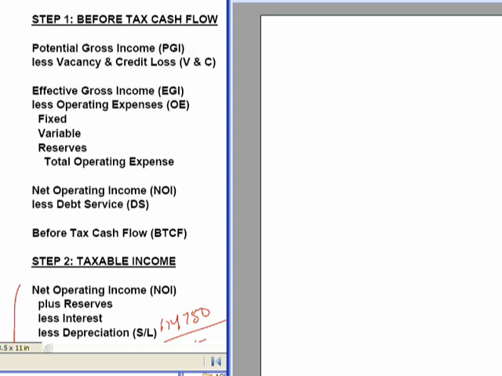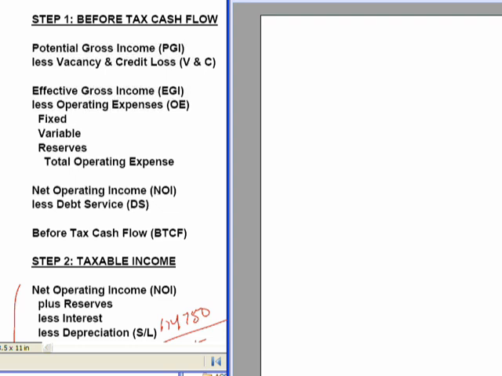It's potential gross income because it assumes the property is 100% leased all year, and they're getting market rents for the units. Sometimes we have vacancy and sometimes we have below market rents. So that's why it's called potential gross income.